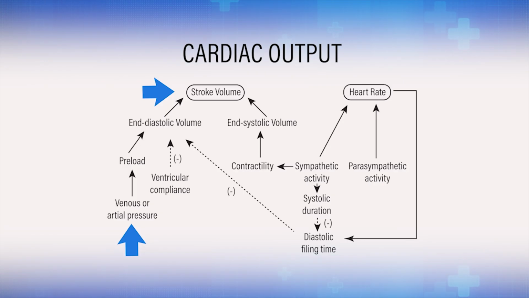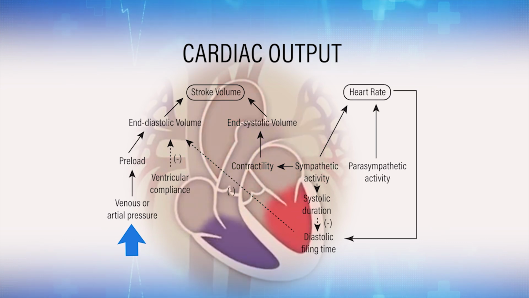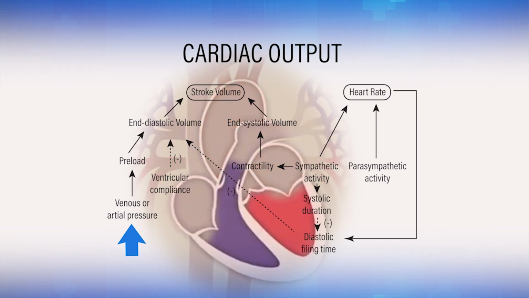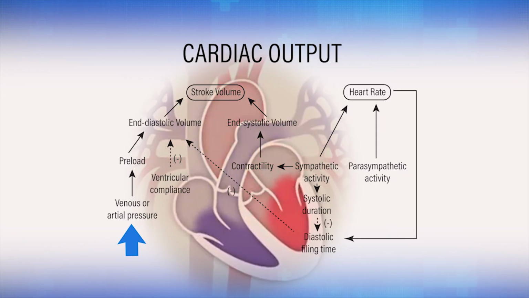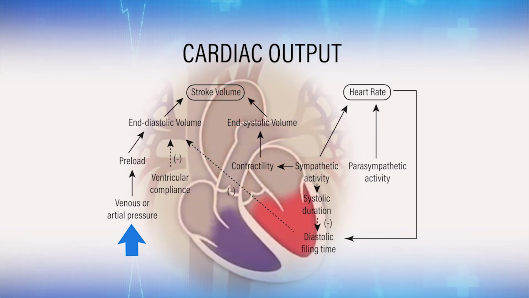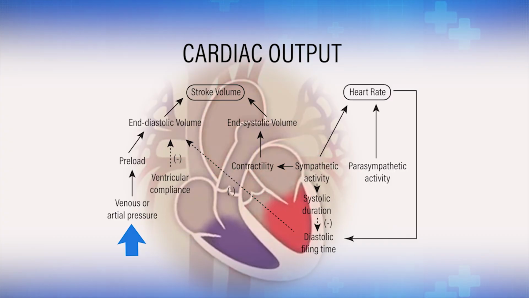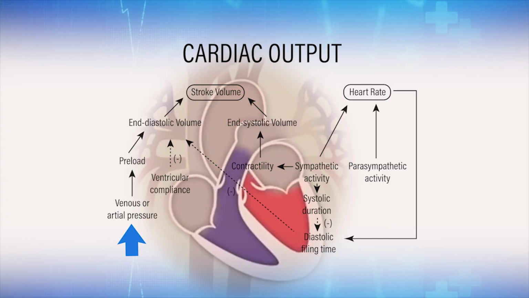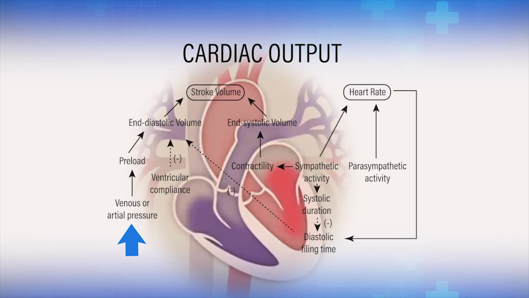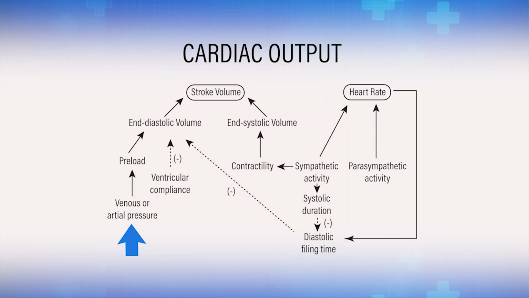If I increase venous pressure, I'm increasing the volume of blood flowing back towards the heart. And remember, venous blood flows back predominantly by contraction of the muscles. The muscles contract, squash the veins, and that creates a high pressure system and forces the blood back towards the heart. The blood can't flow backwards in veins because the veins contain valves that prevent it. So it's just a one-way process.